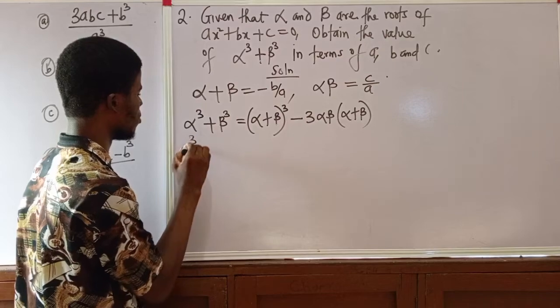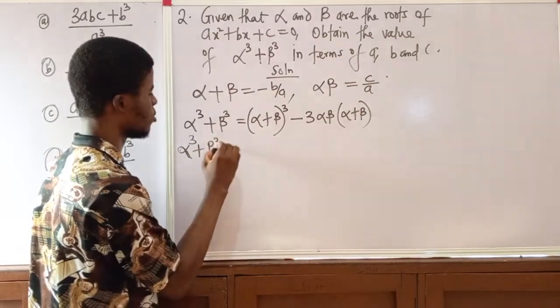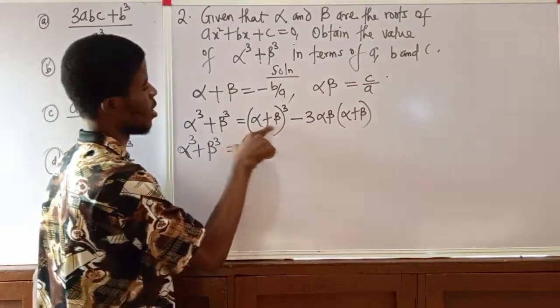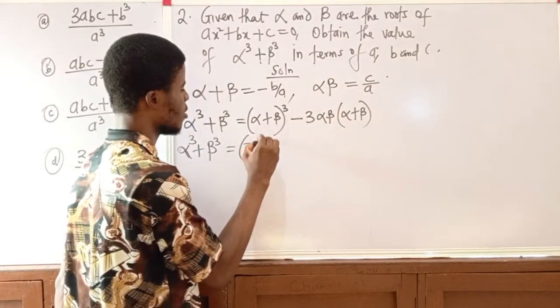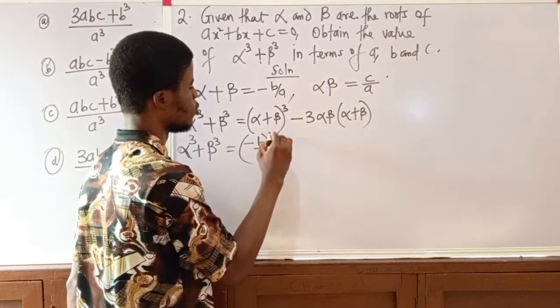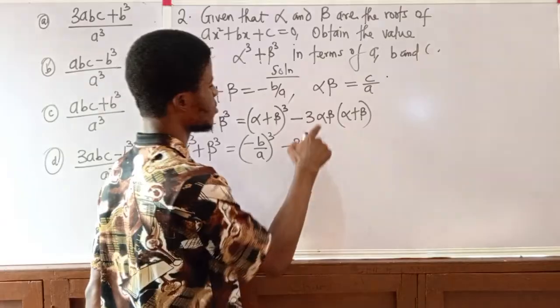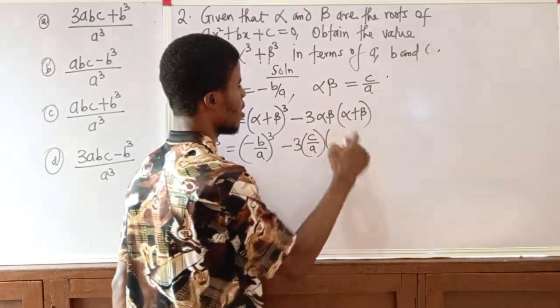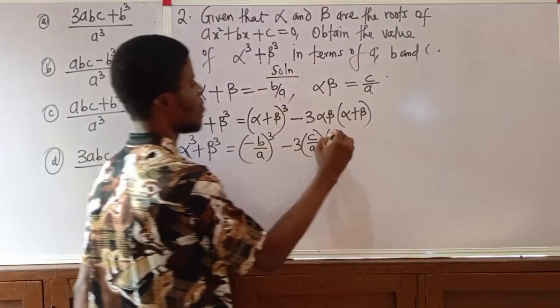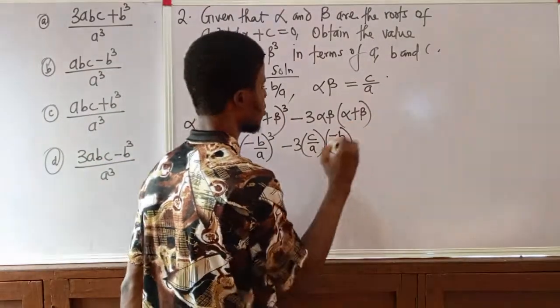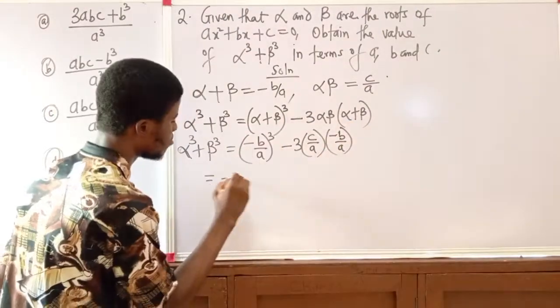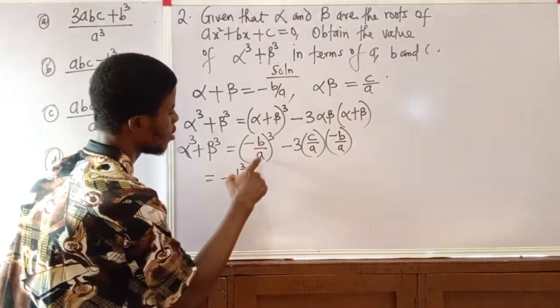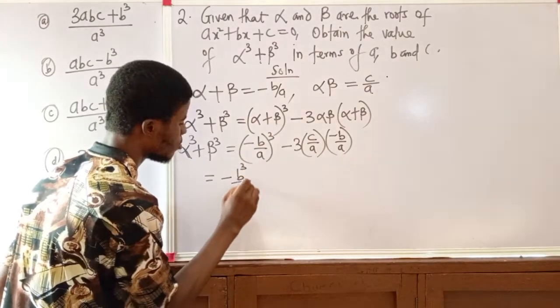So, alpha cube plus beta cube is equal to alpha plus beta, which is minus b over a, all cubed, minus 3 times alpha beta, which is c over a, times alpha plus beta, which is what? Minus b all over a. Minus b cubed is minus b cubed. a cubed is still a cubed.